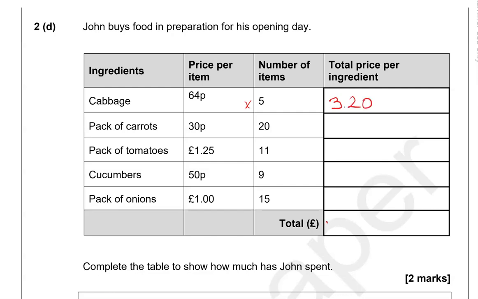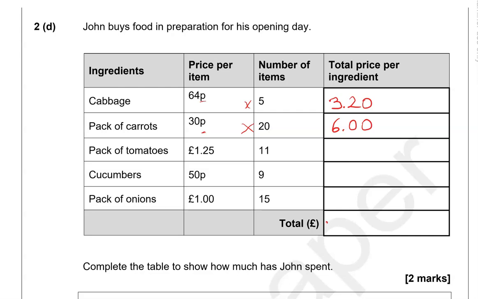Now, in pounds, that is £3.20, because 320 was pence, because we input pence. Now, 30 times 20 for the pack of carrots gives us 600, and that's pence, so £6.